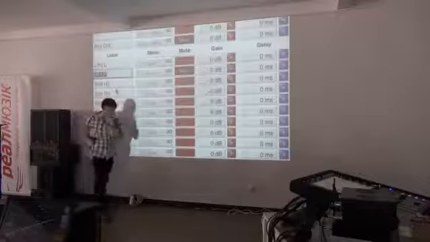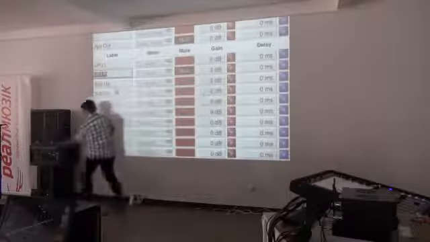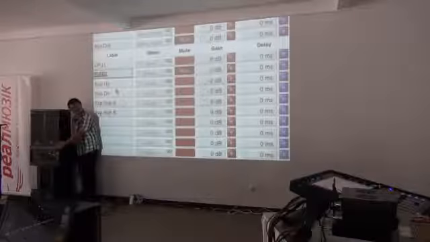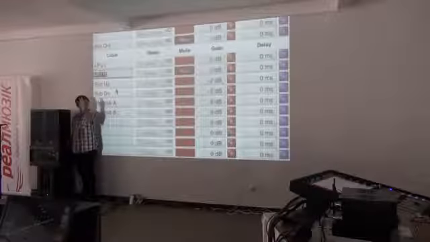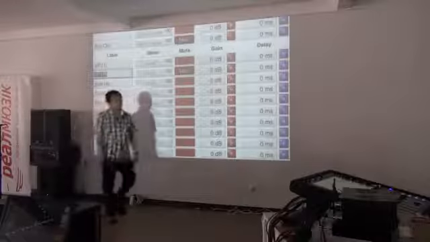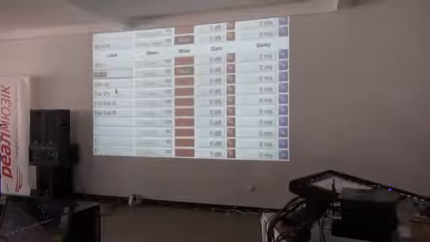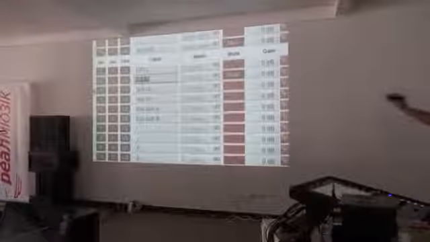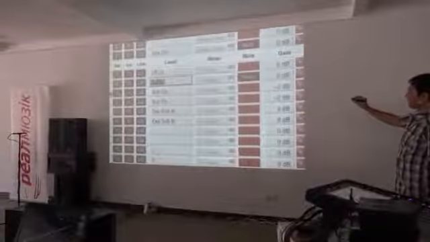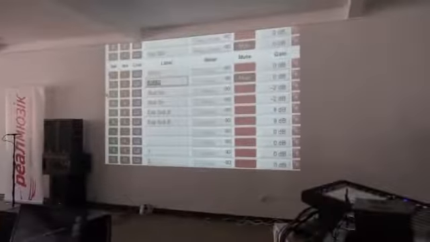The subwoofer that is not on the floor is channel 3, and the subwoofer that is on the floor is channel 4. You can see here channel 3, subwoofer up, channel 4, subwoofer down.